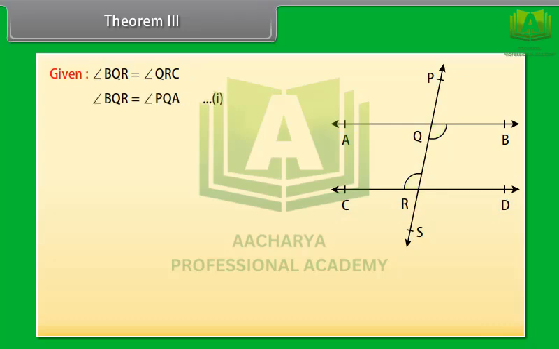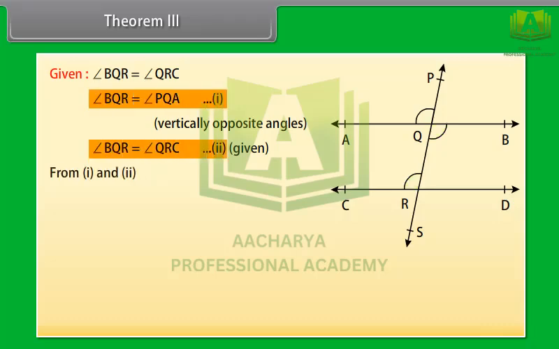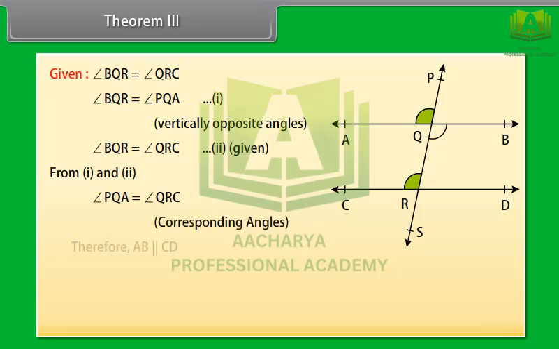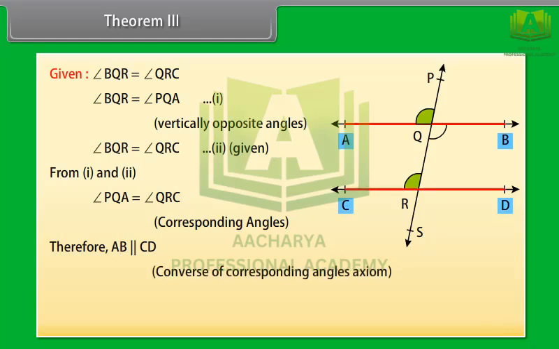Also, angle BQR is equal to angle PQA because these are vertically opposite angles. Mark it as 1. But angle BQR is equal to angle QRC, given. Mark it as 2. So, from 1 and 2, you may conclude that angle PQA is equal to angle QRC. But they are corresponding angles. So, AB is parallel to CD, by the converse of corresponding angles axiom.